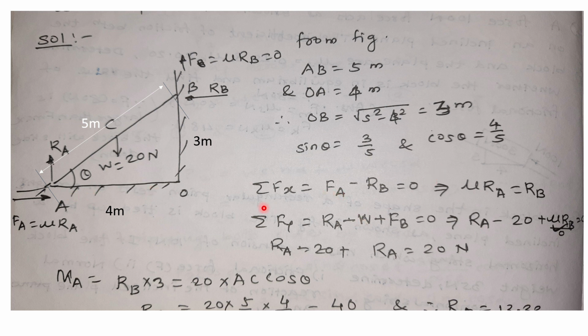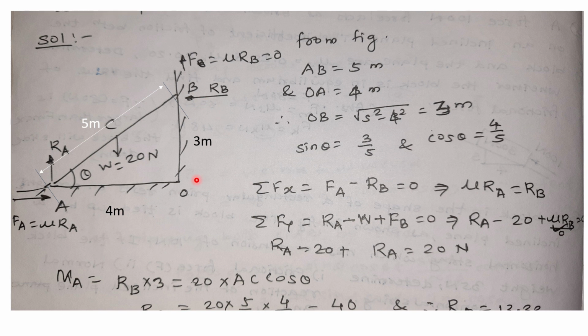Now, while applying the conditions of equilibrium, the summation of all the forces in the x direction is equal to 0. In this particular system of forces, the horizontal forces are the force Fa moving in the rightward direction, so it is positive, and the reaction Rb moving in the left direction, so it is negative.